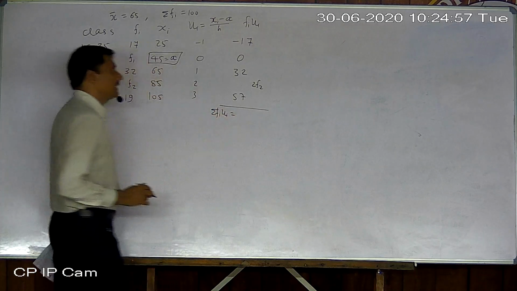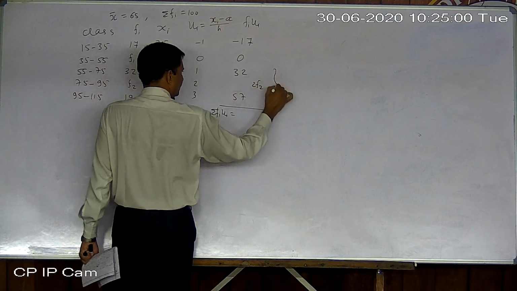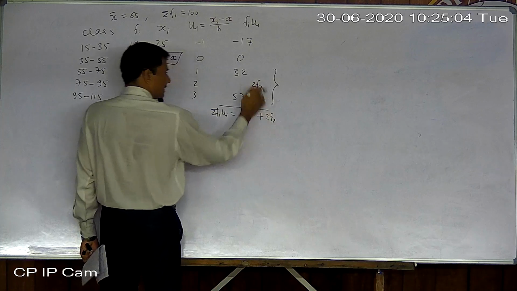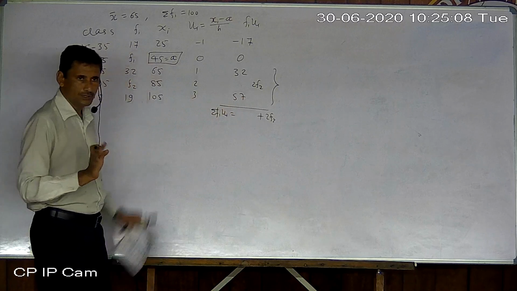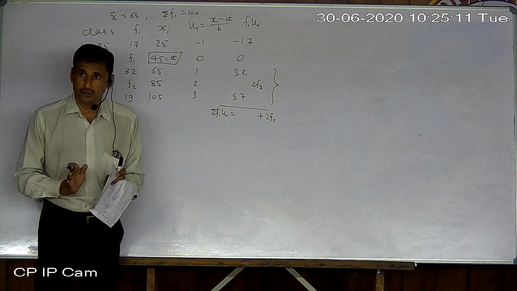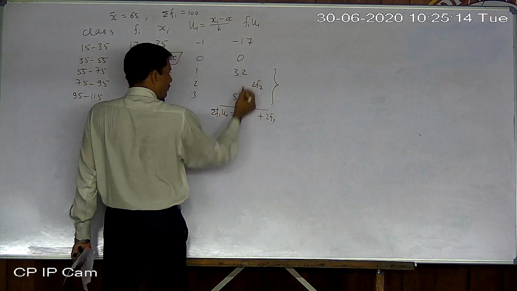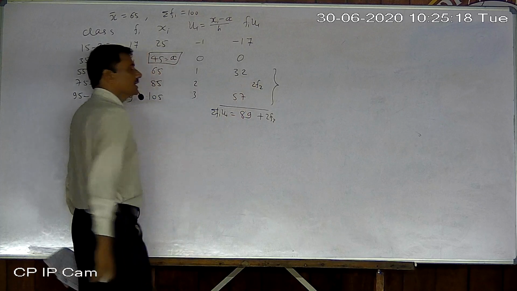So sigma fi ui will become, now first of all add all these positive numbers. So 2f2 is an unlike term, so don't add 32, 2 and 57. Unlike terms cannot be added or subtracted, so 2f2 remains 2f2 only. Now add both these numbers, 7 plus 2, 9, 5 plus 3, 8.